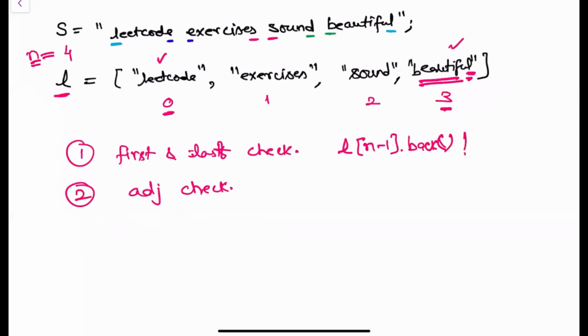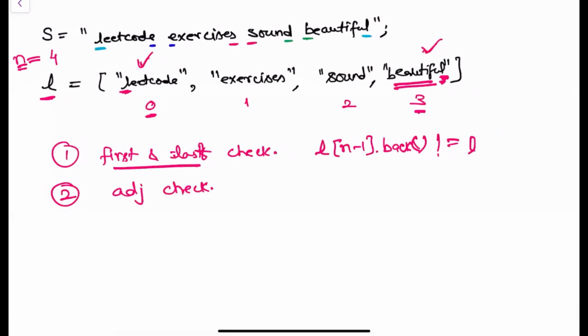I want to do the first and last check first, just making sure these are the same. I'm ensuring this last word's last character and the first word's first character match.